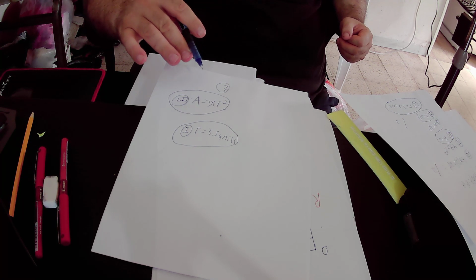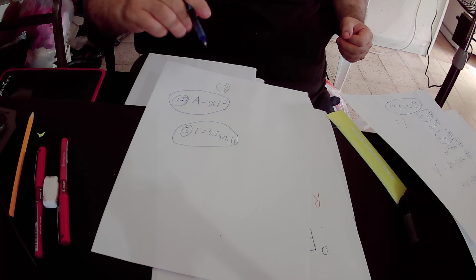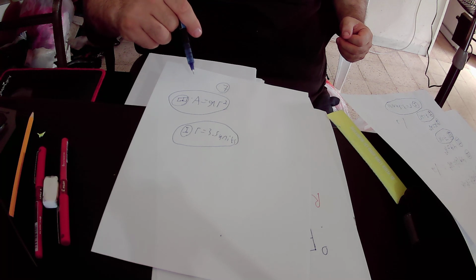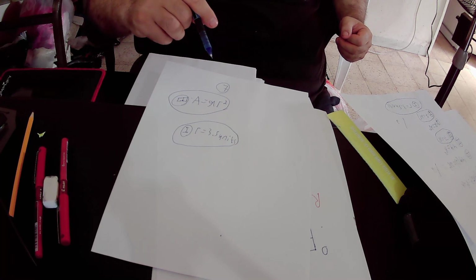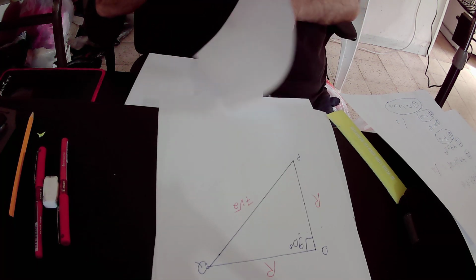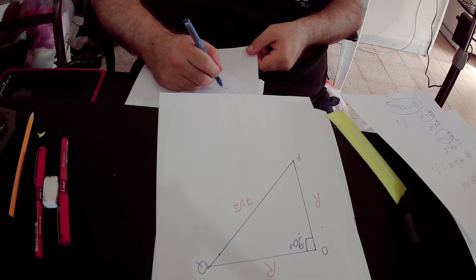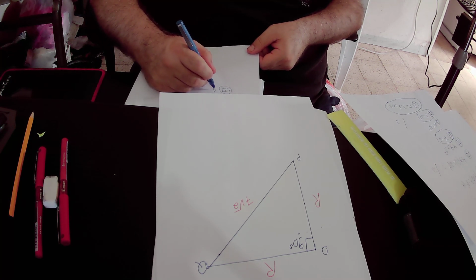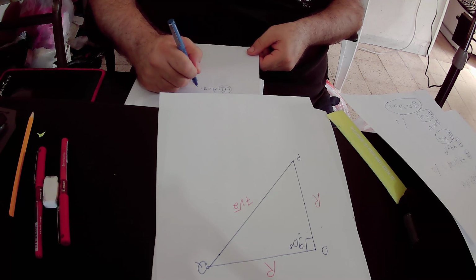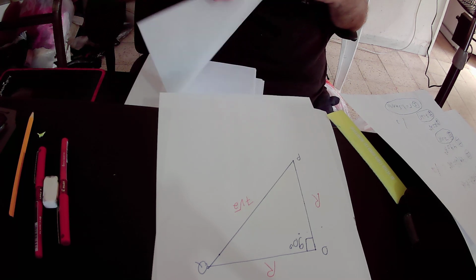So we can substitute r in equation number 3 by 3.5 units. We will get that the area equals pi times 3.5 squared.